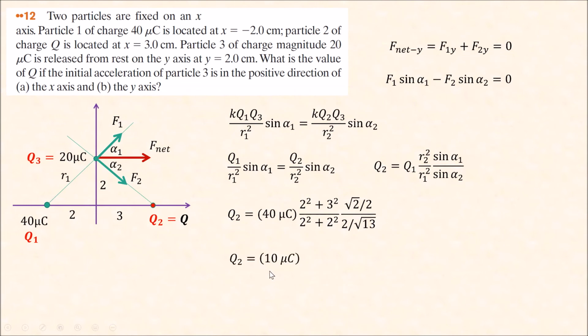So that becomes 10 microcoulomb times 13 over 8 times square root of 2 over 1 over square root of 13. So multiplied by square root of 26. And if you calculate all of that, becomes 83 microcoulomb. So Q2 becomes 83 microcoulomb. And also, as we said, Q2 should be negative. Therefore, Q that we were looking for is negative 83 microcoulomb.